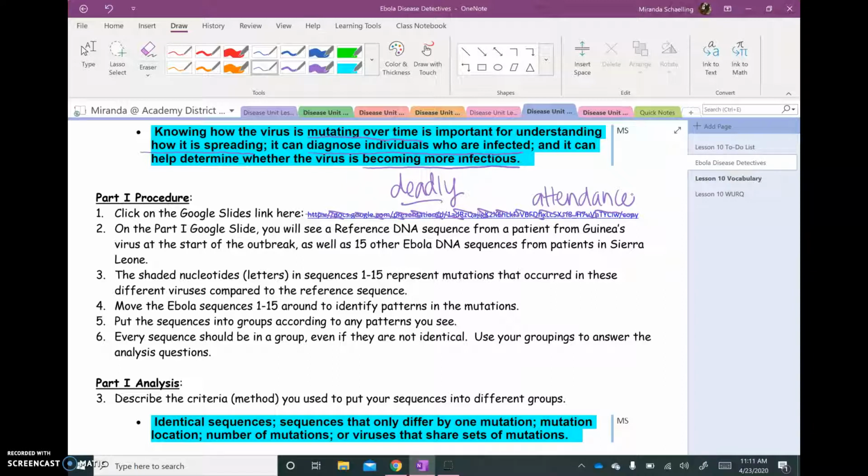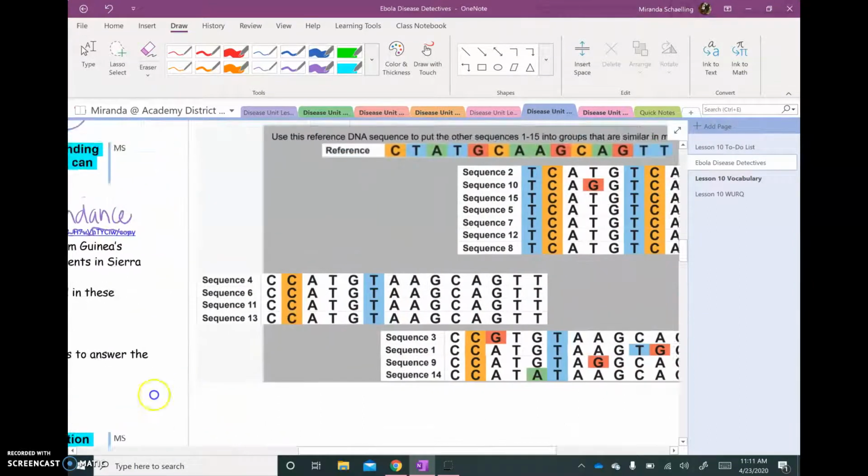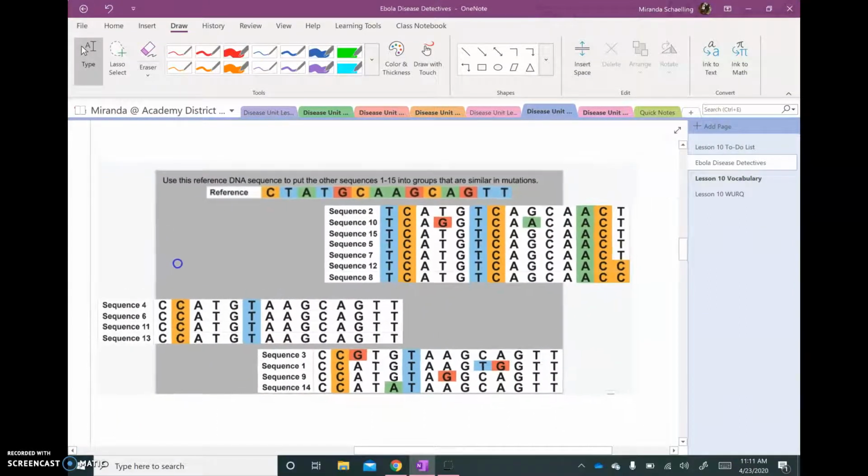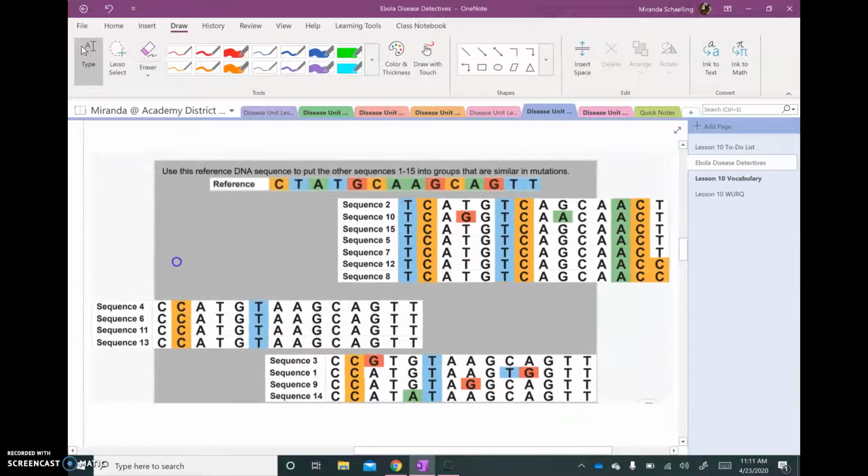So what you wanted to do is essentially group them however you wanted. You can move the sequences around the slide and put them into groups. Here's how I did it, but you could do whatever you wanted, as long as you can justify why you put things in different groups. Here I had this group which had only these two mutations in it.